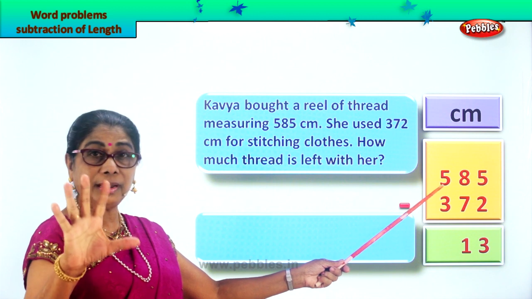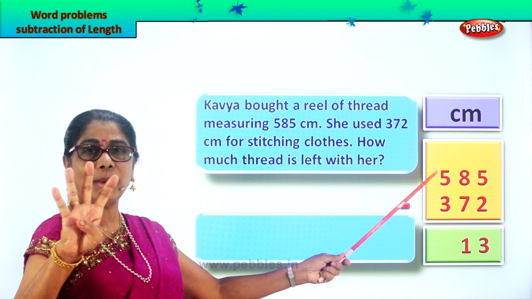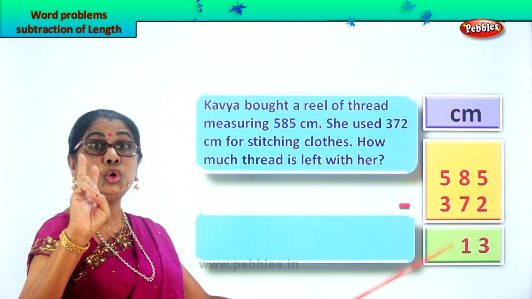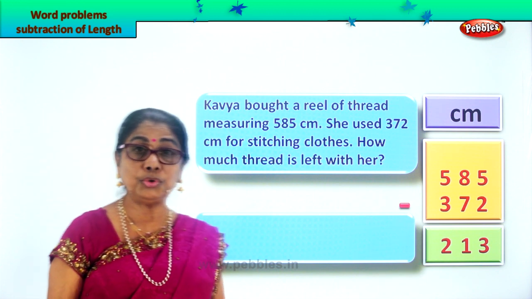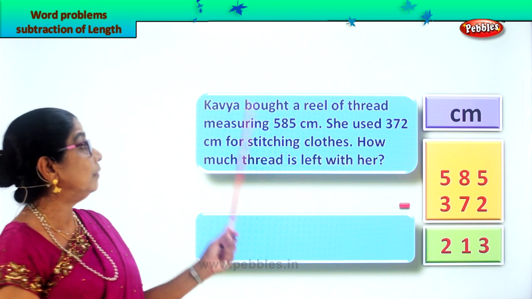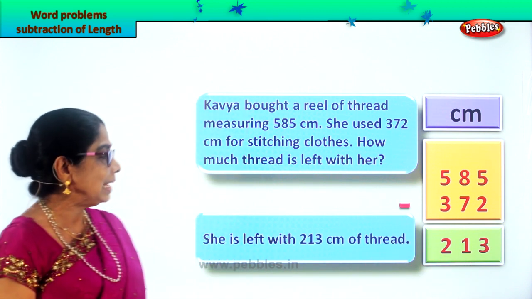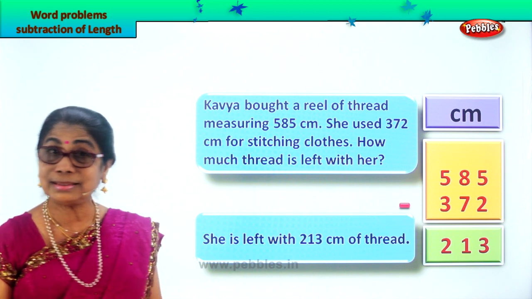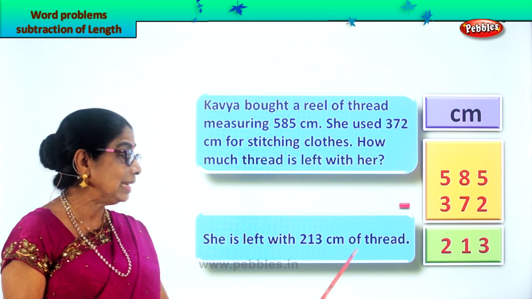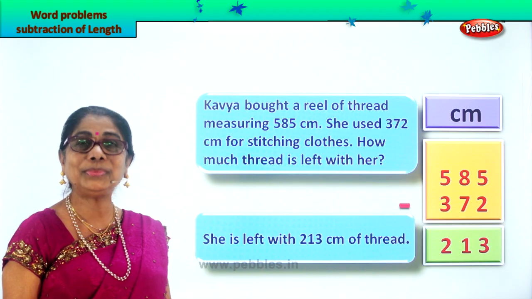Here you have 5 minus 3. 5 take away 3 gives you 2. So we write down 2 here. The length of the thread left with Kavya now is 213 centimeters. So what's your answer? She's left with 213 centimeters of thread. Did you enjoy the word problem? Good.